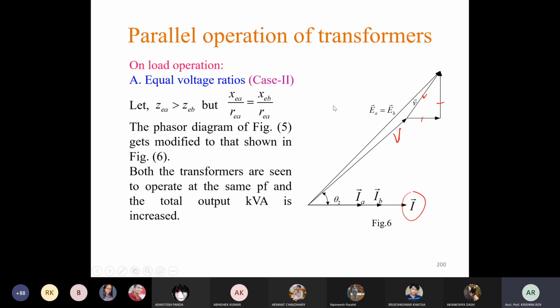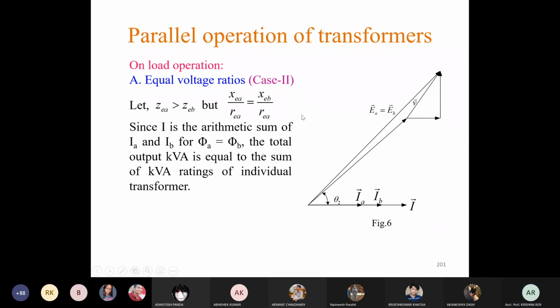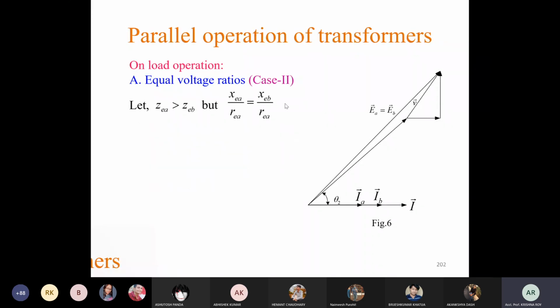Both the transformers are seen to operate at the same power factor and the total output kVA is increased. That means the capacity of the two transformers will be properly used. Now see, for phi A equals phi B, the total output kVA is equal to the sum of the kVA ratings of the individual transformers, as I have mentioned.